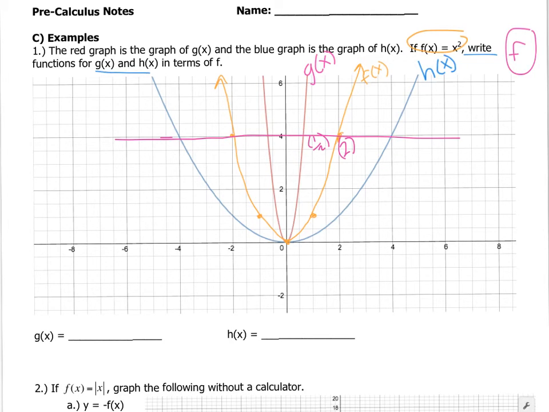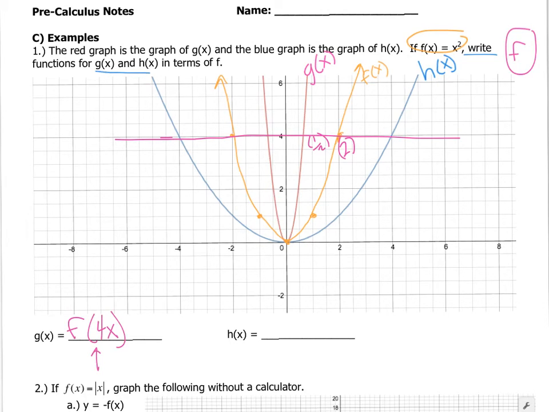So what's happening is that we are decreasing by a factor of 4. So g of x is going to be equal to f of 4x. Since I'm compressing by a factor of 4, that's an inside change.